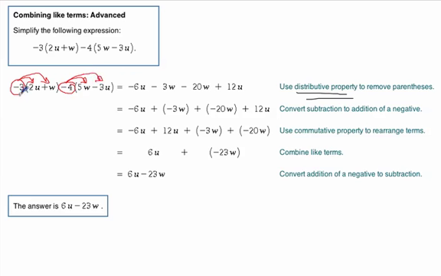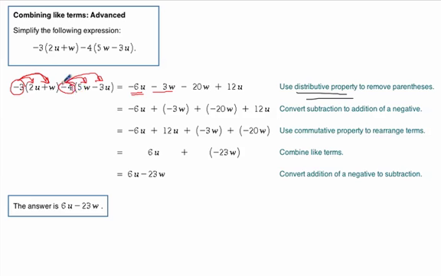The negative 3 times the 2u makes the negative 6u. The negative 3 times the w makes the negative 3w, etc. We're just going to move right down the line.